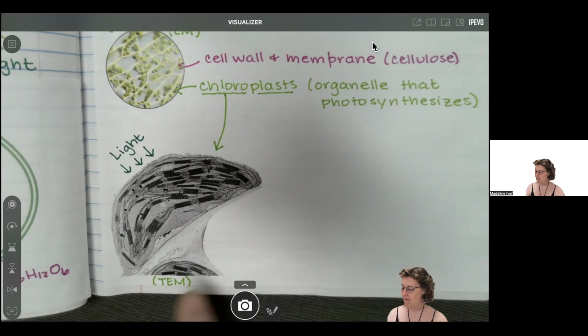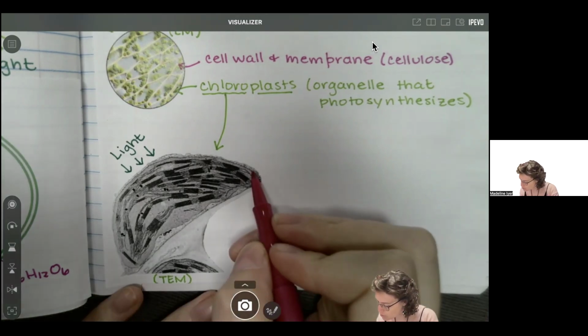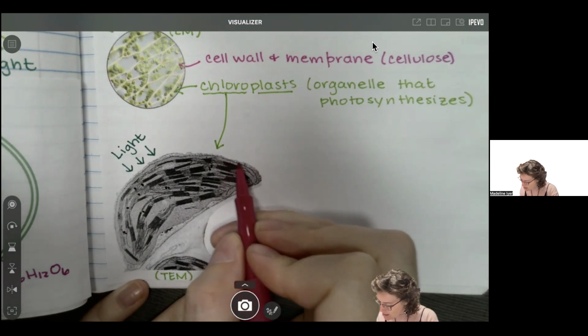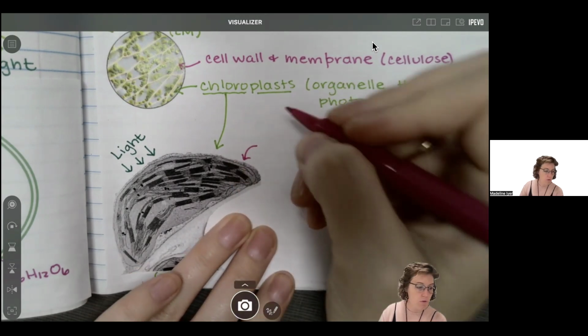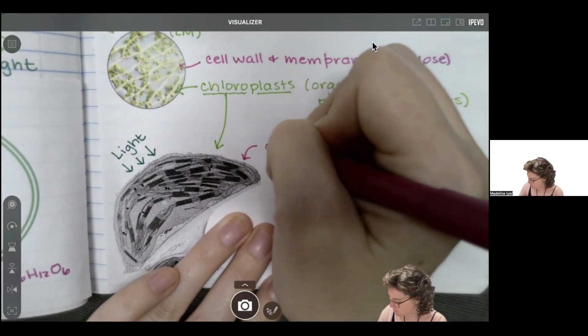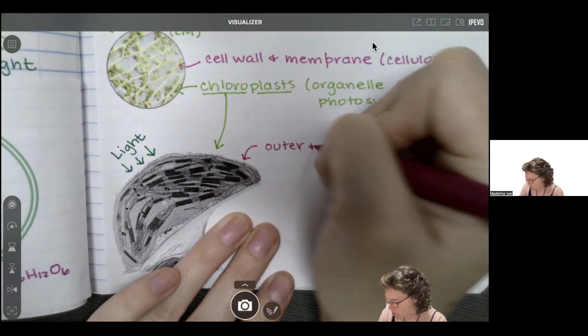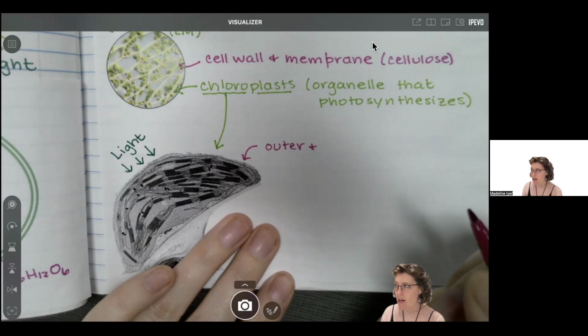Okay. So let's pull out a couple details I'd like you to see here. If you look closely, you can see that the chloroplast has this outer membrane and also an inner membrane, which is unusual for an organelle.